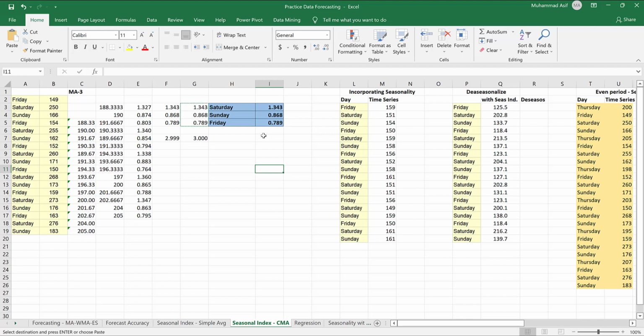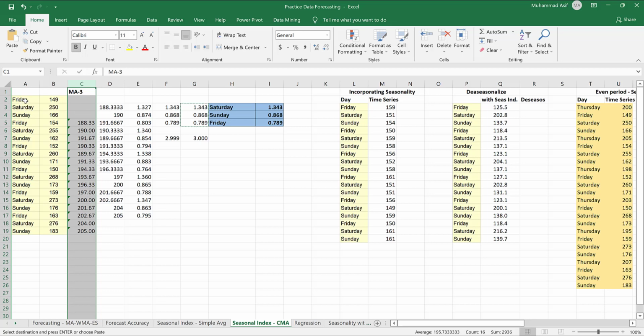And this method is called the centered moving average method. Again, the first step was calculating the moving average, and the second is that we rearrange it in a way that these values are centered, so that for example this one, 188.3, and all other values correspond to the central value.